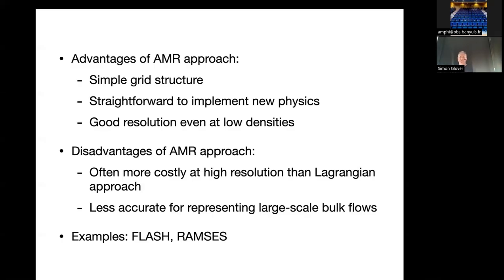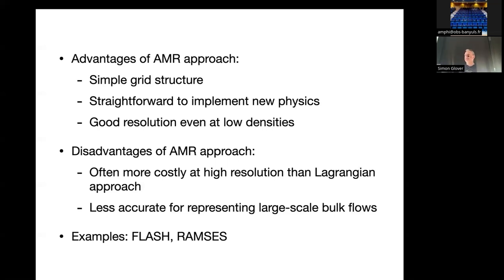We don't have such fine control over how much refinement we do. Another important disadvantage when we're trying to model something like a galaxy is that the AMR approach is less accurate for representing large-scale bulk flows, so something like galactic rotation. This is because every time fluid flows from one cell to another, we're introducing a certain amount of error into our solution. There's an inherent truncation error in any numerical solution of our fluid dynamics equations, what we call advection error.